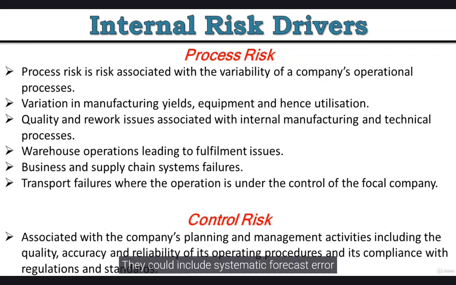They could include systematic forecast error as a result of flawed or non-existent sales and operations planning, inventory control accuracy, inadequate or unsound scheduling methods, accounting and financial control failures ranging from credit control to not securing the capital necessary to continue to fund the company, and failure to comply with the regulatory environment leading to external actions to impose fines or closure.